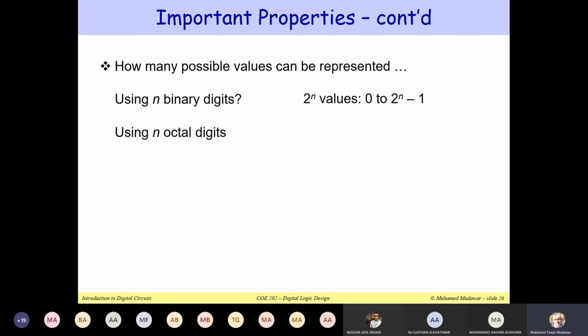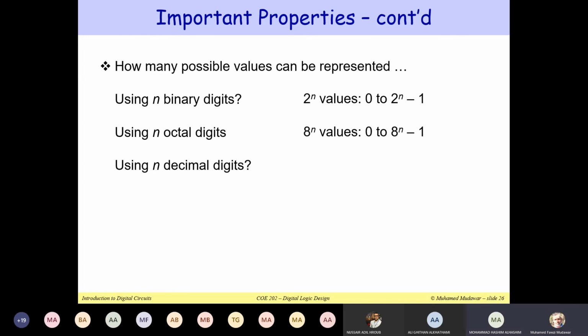But if you use n octal digits, how many possible values can you have? 8 to the power n. So you start from 0, you end at 8 to the power n minus 1. And how about if you use n decimal digits?